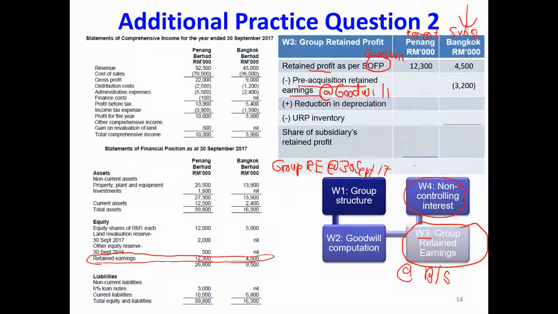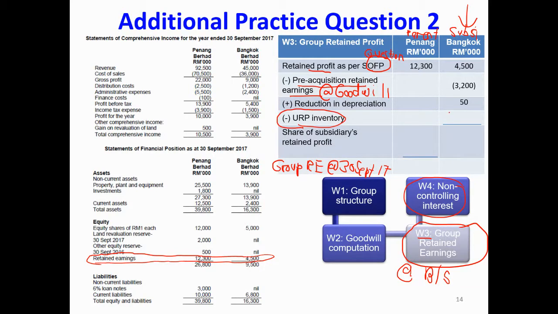Okay, minus. And then this retained profit 4.5 million has not taken into account the reduction in depreciation. So what must we do? We have to add the depreciation 50K, because a reduction in depreciation will increase your profit for the year. And also remember your unrealized profit, right?